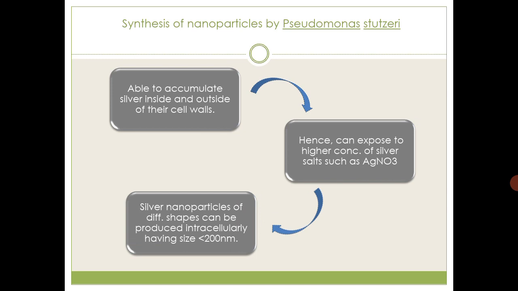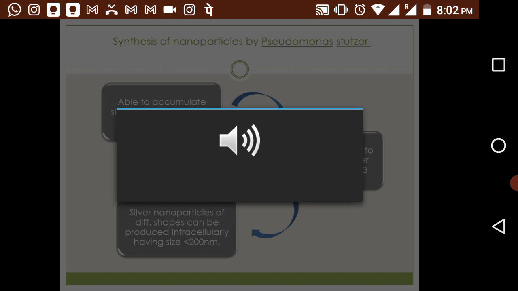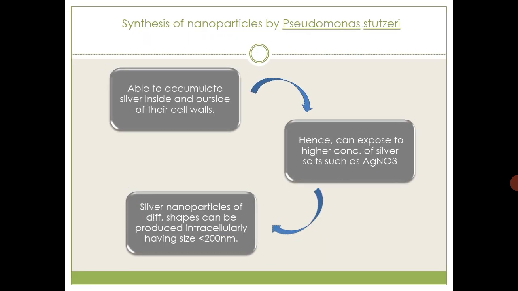This property is present in the Pseudomonas strain, which is able to accumulate silver particles inside their cell wall, also outside their cell wall, and therefore they can be exposed to a high concentration of silver salt such as AgNO3.